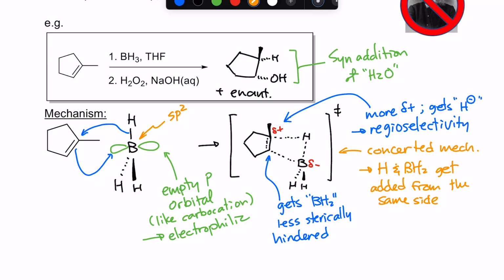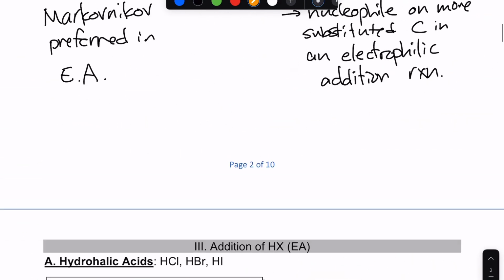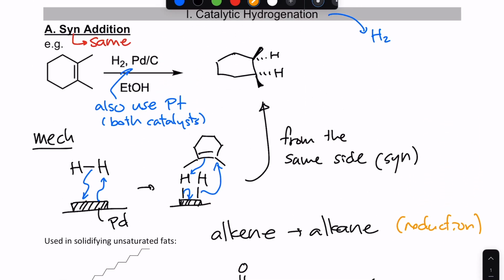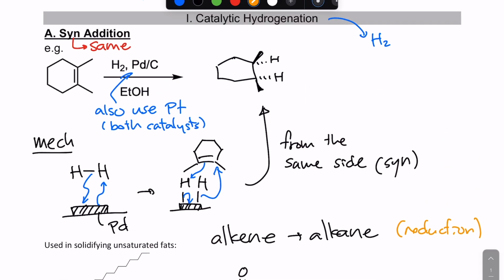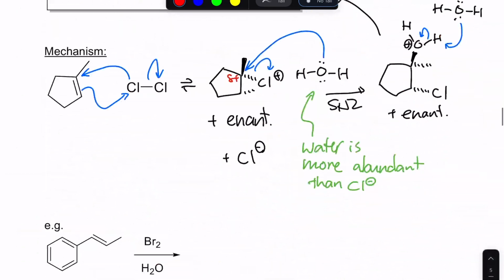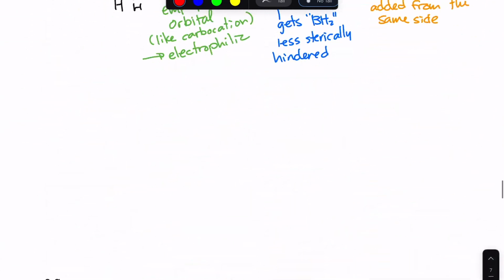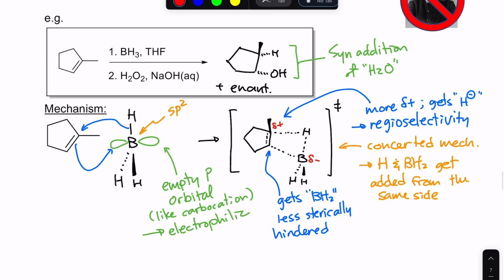So in that sense, this part of the mechanism is very much like the very first reaction we discussed in this chapter, the syn addition of 2 hydrogen atoms. They get added from the same face at the same time. It's a concerted mechanism, right? So they get added syn, or the same side. Okay. So that explains not the regiochemistry, but the stereoselectivity or specificity.